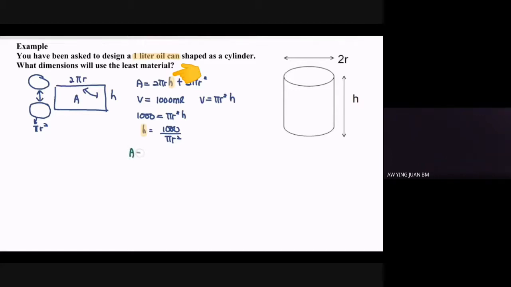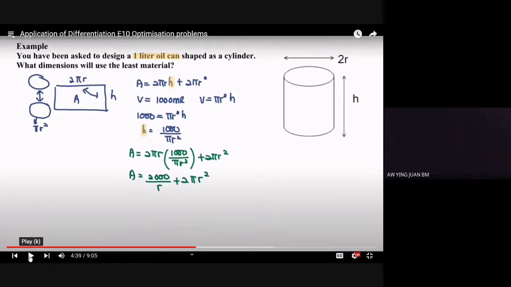So A is equals to 2 pi R bracket 1000 over pi R squared plus 2 pi R squared. Simplify and rearrange. So we will have 2000 over R plus 2 pi R squared. So now we will have step number 1 and step number 2. Express y, in this case, it become A into a single variable function, meaning that A as a subject in terms of R. Kindly modify.